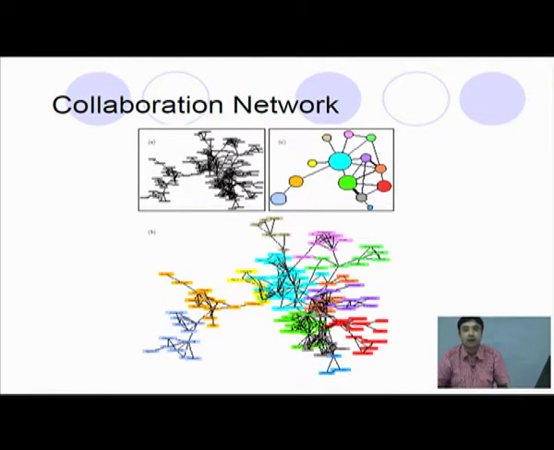Another very interesting example is that of the collaboration network. This is one of the examples that I like very much. In the scientific world, when a scientist works on a particular problem, this work needs to be accredited by some organization, and that happens in the form of a publication.